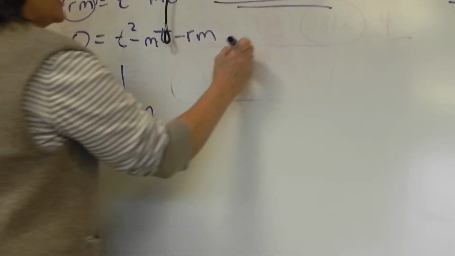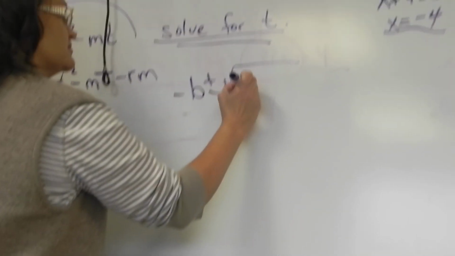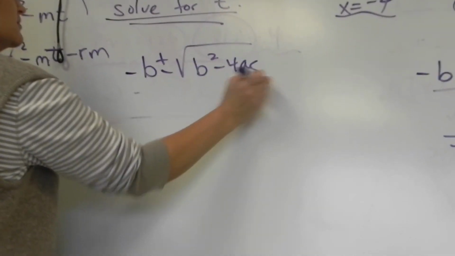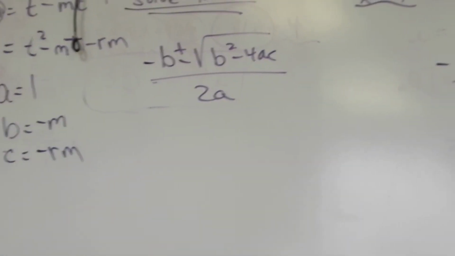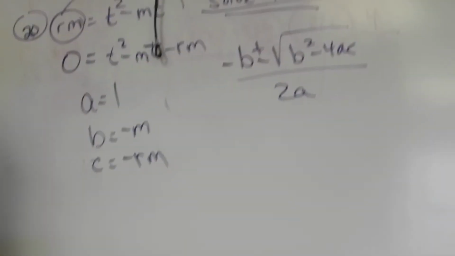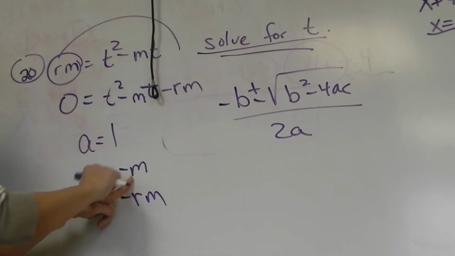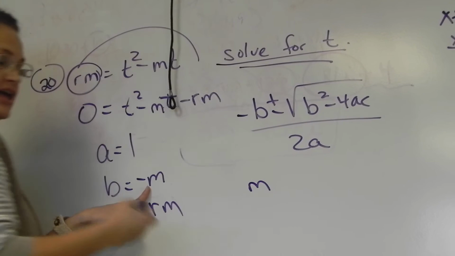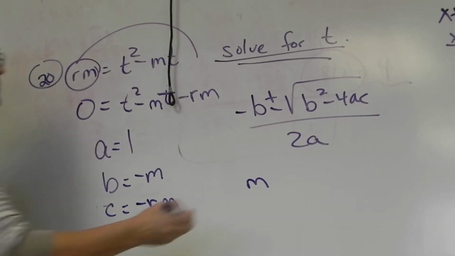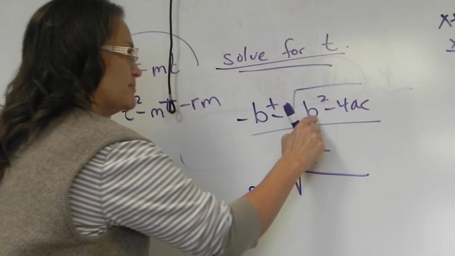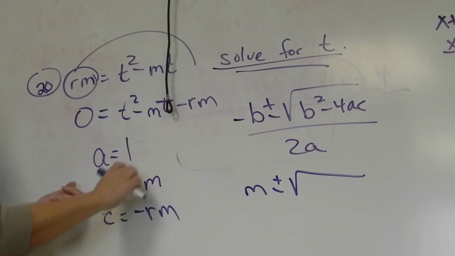And then we're going to plug it into the quadratic formula. So the quadratic formula says the negative of b, which makes that a positive m. So it's negative b, the negative of negative m, or positive m, plus or minus the square root of b squared. So the b term is negative m.